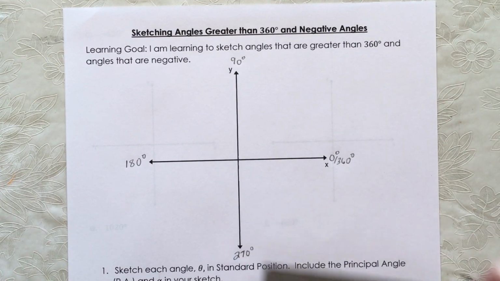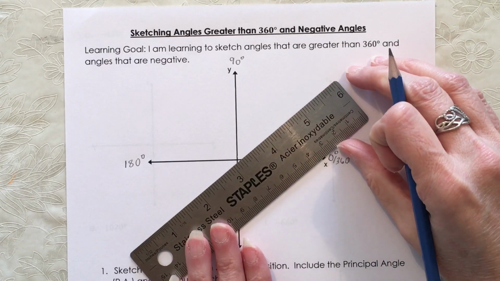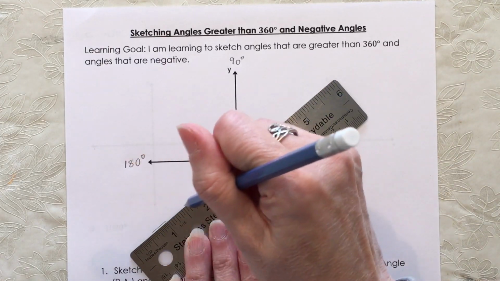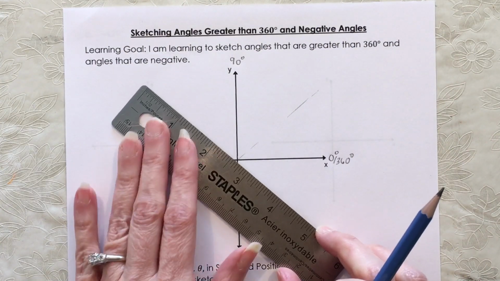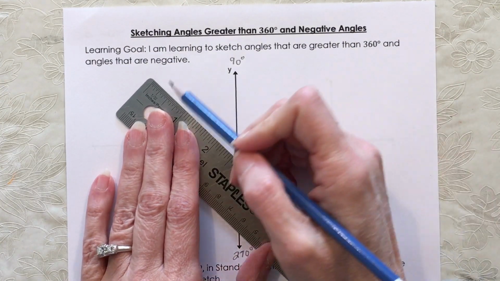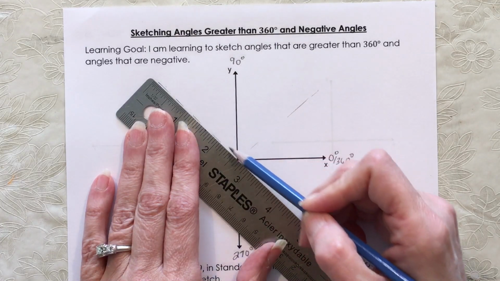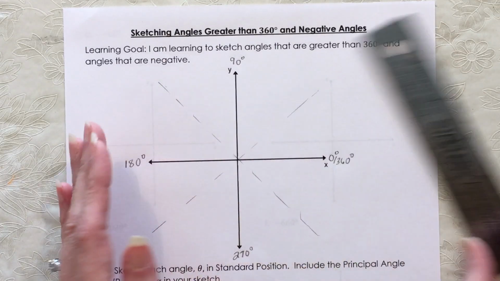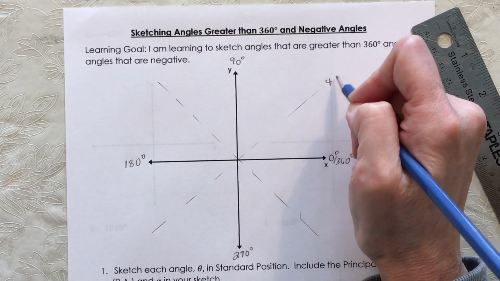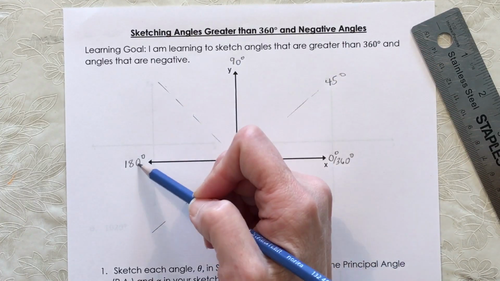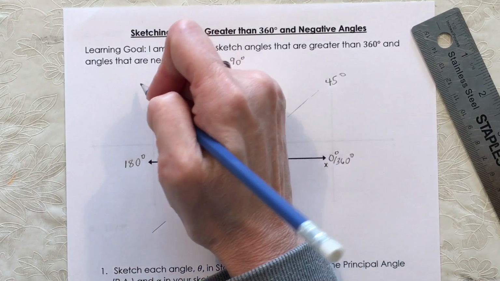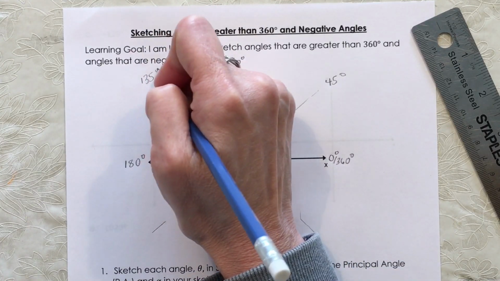And then also, if we think about the halfways, they're good benchmarks for us. We know that this is 45 degrees, halfway between 0 and 90. And halfway between 90 and 180 is 135 degrees.